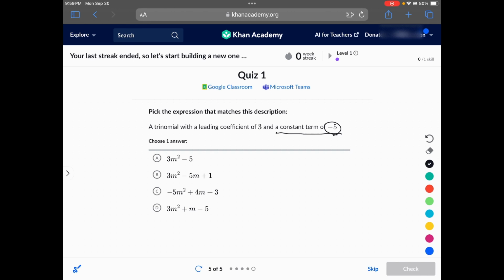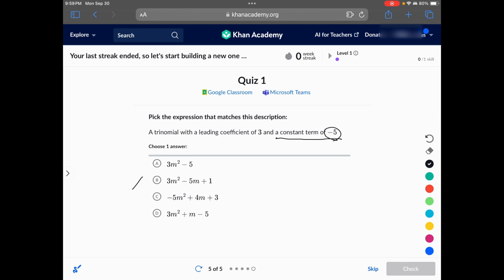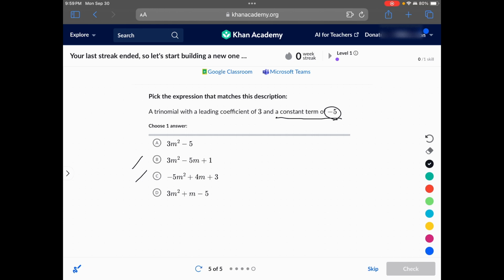So we can get letter B and C out because there is no constant value of -5, right? And it asks about the coefficient of 3. This is going to be your coefficient.